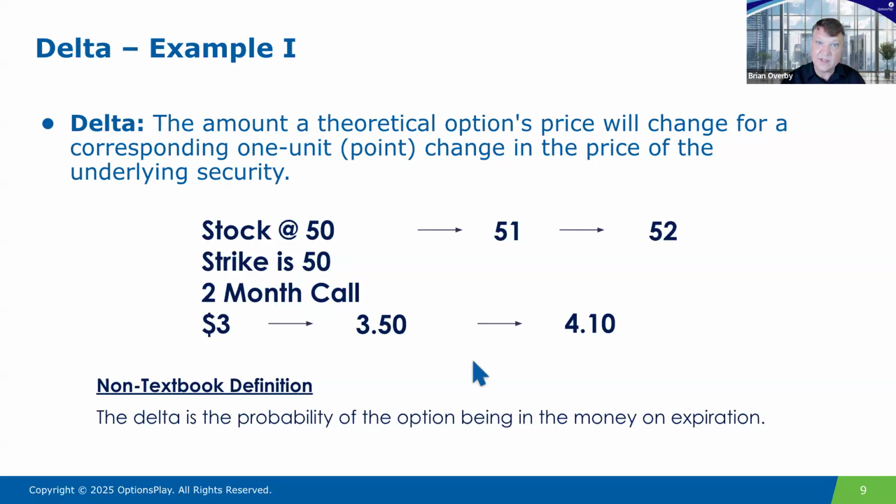So that gets a little confusing with delta, because you look at the chain and it says 0.60, but then you have people like me saying the delta is 60, right? And the delta is not 60, it's 0.60. But as far as an option is concerned, if you multiply 0.60 times 100, the number of shares the contract represents, the delta represents $60 worth of value, if you think of it that way.